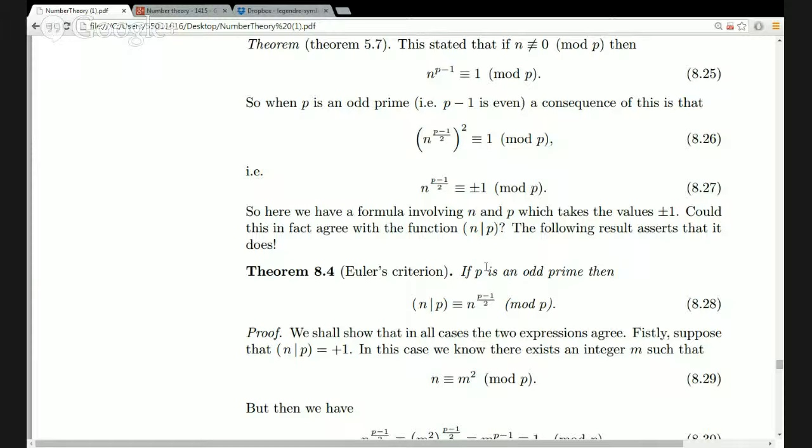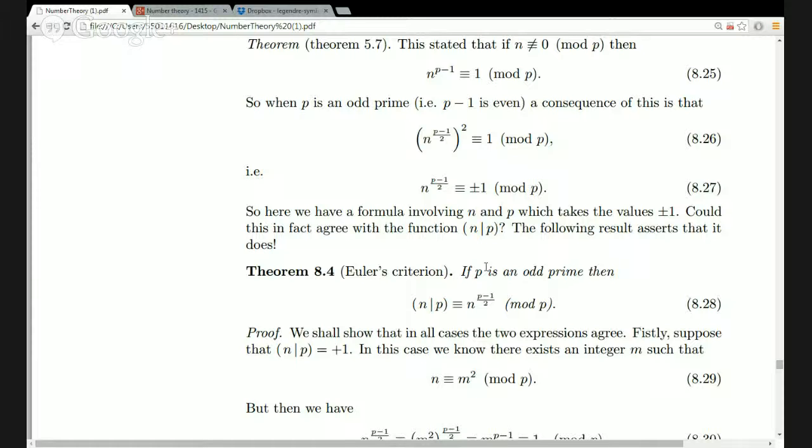Now you could just leave the result like that, or, remember, p is an odd prime. So p is an odd number, and p minus 1 will always be an even number, so you can always divide it by 2 and get another integer. We just want a nice way to express when p minus 1 over 2 is even and when it is odd.